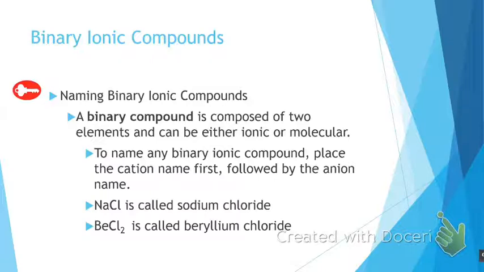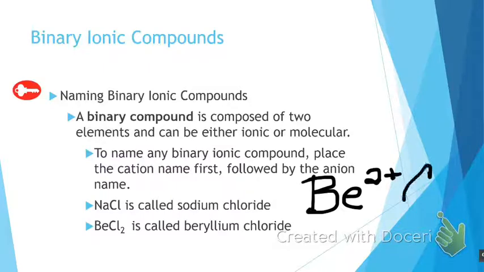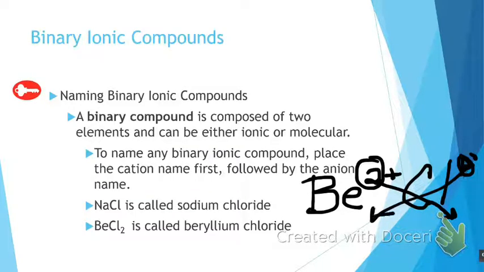For example, if we look at beryllium chloride in the crisscross method, we write our cation first, Be2+, followed by our anion, chloride negative, and we take these superscripts and do a crisscross, and those numbers become the subscripts.